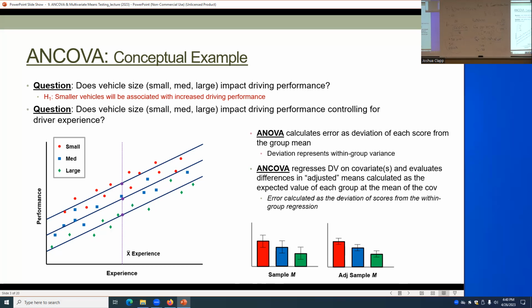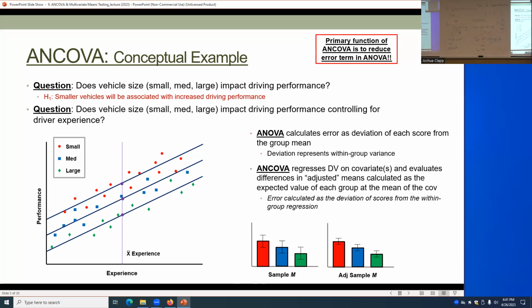And so what that's going to do is reduce my error. My error is going to be much, much smaller, because it's the error that I expect after controlling for experience in this example. Okay. So again, the primary function of ANCOVA is to reduce that error term in my overall ANOVA. What we do is change how we're calculating the mean difference.